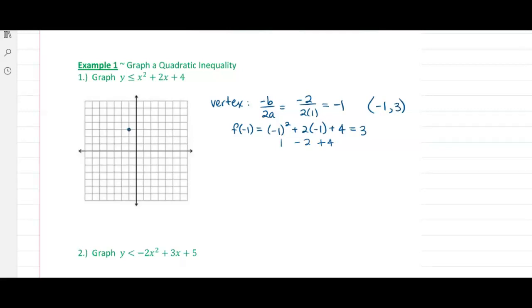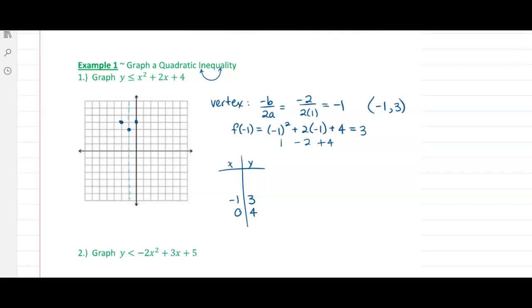I know this opens up because a is positive. I know I can come up with a whole bunch of other points that I could use around this vertex. This is also my axis of symmetry that goes right through the center here. So I know my parabola is going to be symmetric about that area. What about 0? If I put a 0 in, 0, 4 is a point. 0, 4 right here.